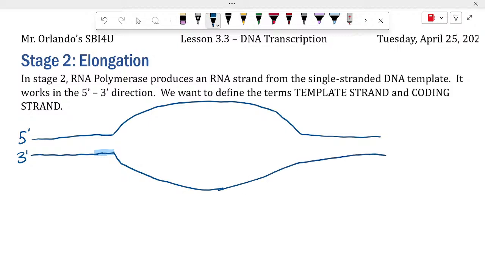Okay, and what would this end here be? 3', good. And that would mean this one here would have to be 5'. Okay, so we're going to call this the template strand.